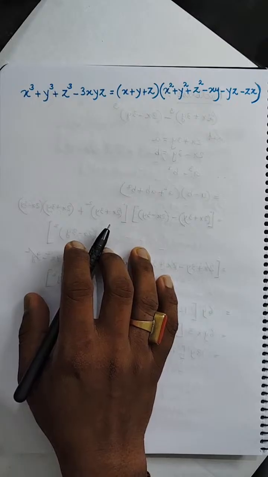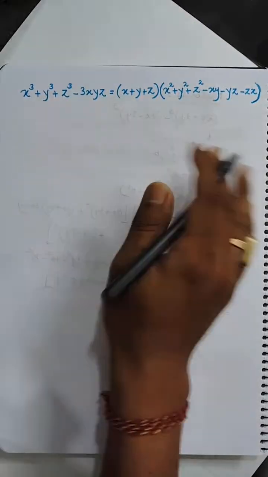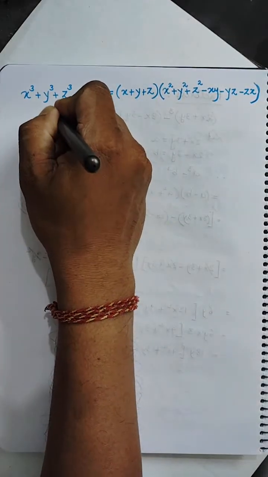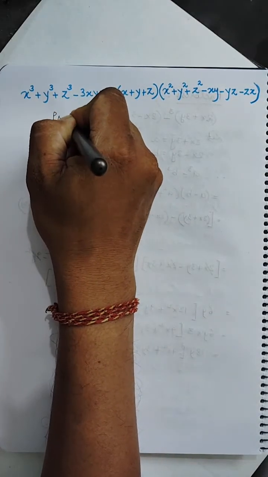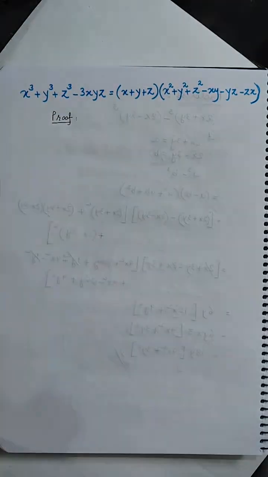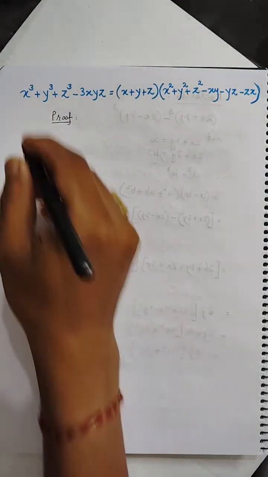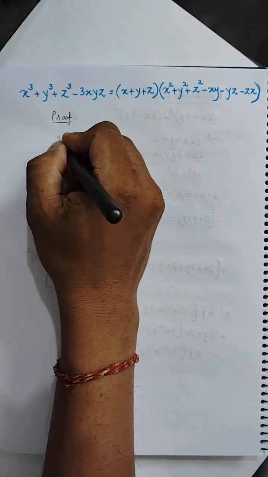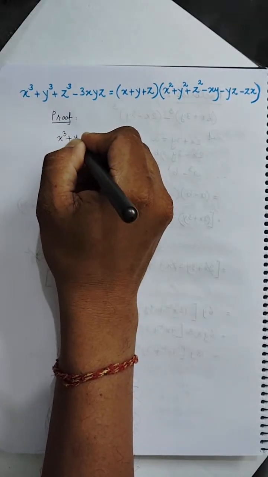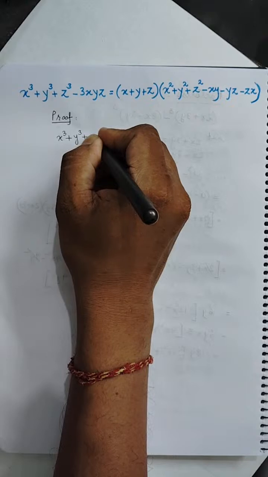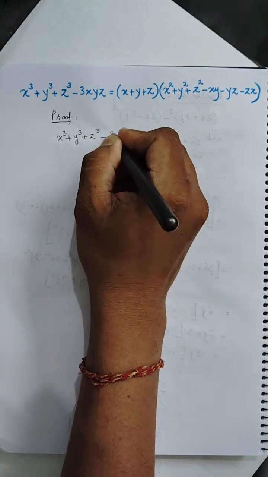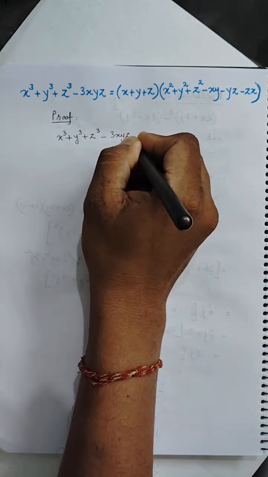Okay, fine. So we'll start. Let's write x cube plus y cube plus z cube minus 3xyz.